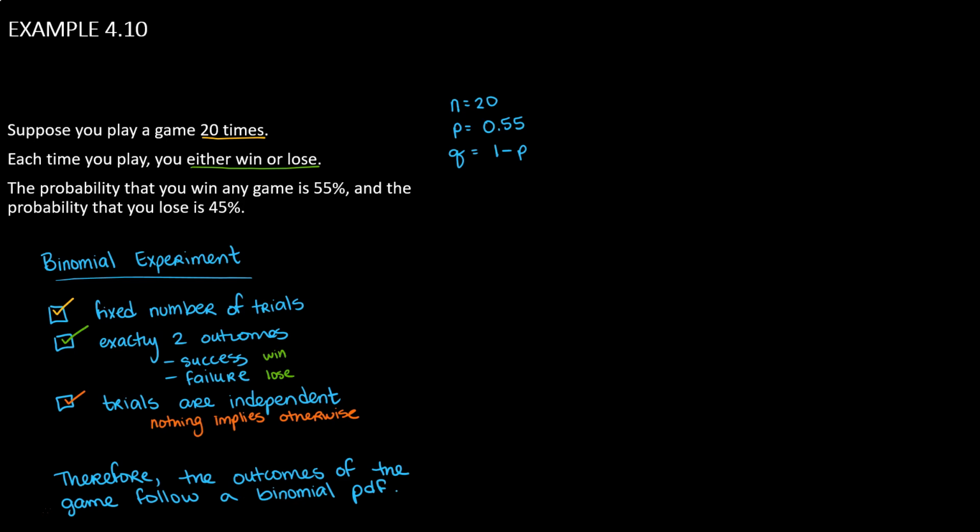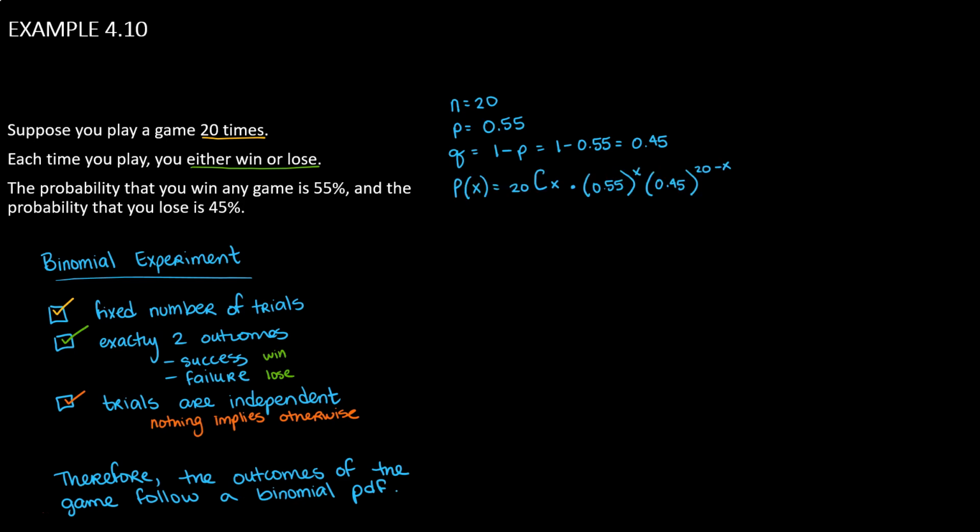We know that winning and losing together make up 100% of the possible outcomes, so we can calculate q using 1 minus p, or 1 minus 0.55, which gives us 45%. That's actually given to us in this example, but if it wasn't, we could have calculated it ourselves.